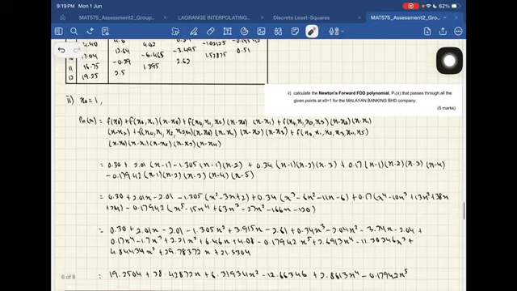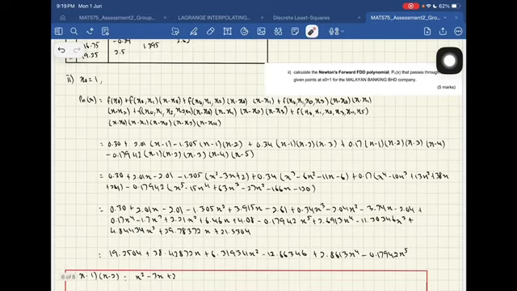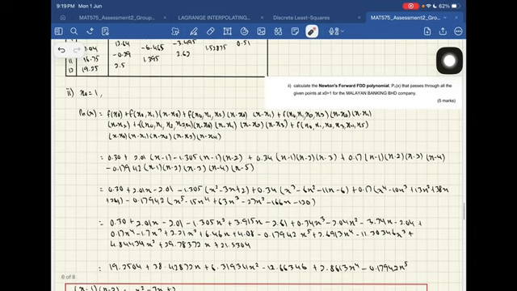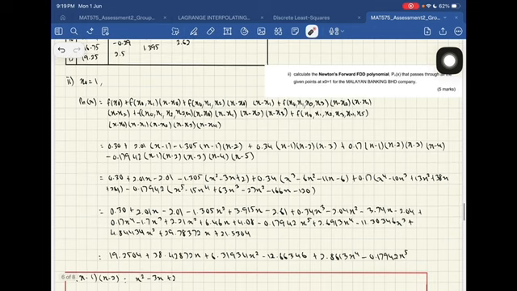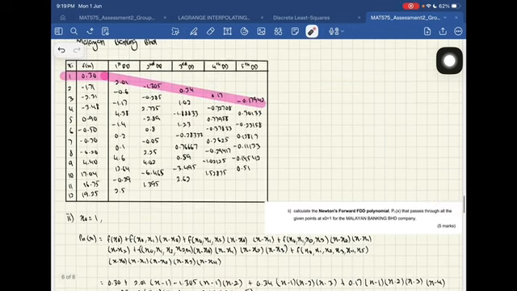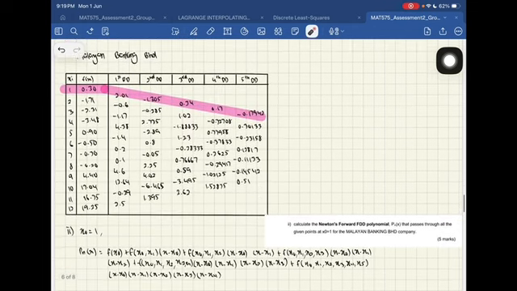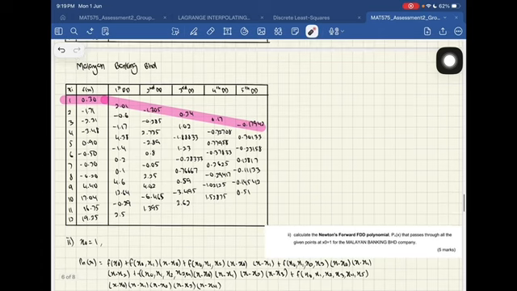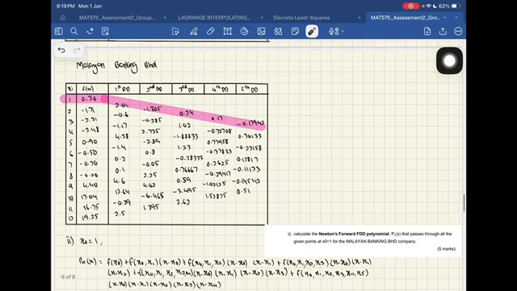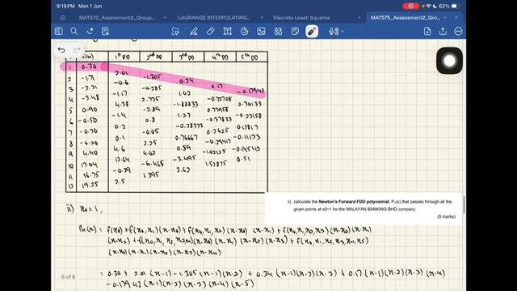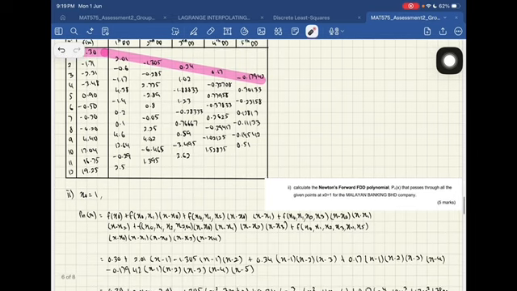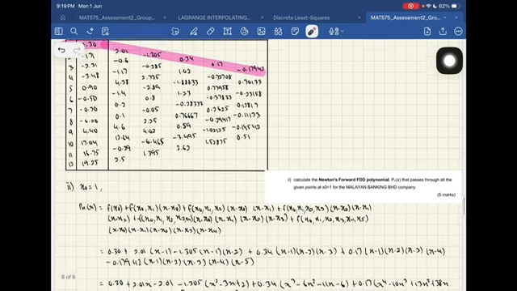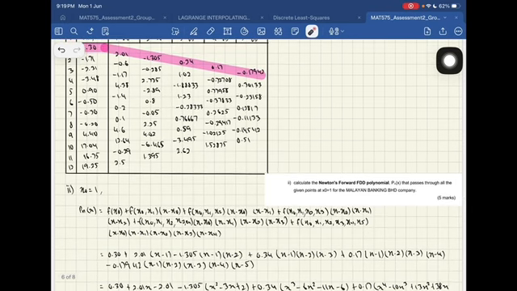So the next question is, calculate the Newton's forward FDD polynomial Pn(x) that passes through all the given points at x0 equal to 1 for the Malayan Banking Berhad company. When you have done the table from question 1, it is easier for you to highlight the data that you want to use for the second question. So the second question asks you to set x0 equal to 1.